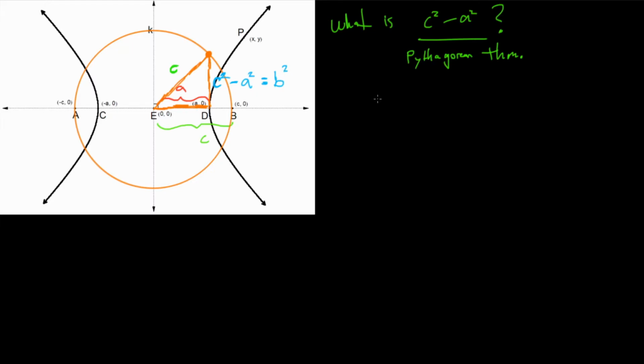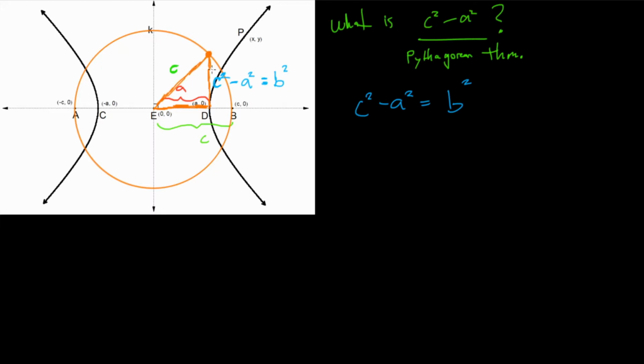So c squared minus a squared is equal to some number squared. We're going to call that b, which is the height of a right triangle that is perpendicular to the transverse axis, starting at the vertex and going up until we have a hypotenuse of c.